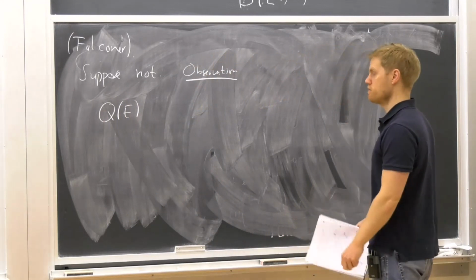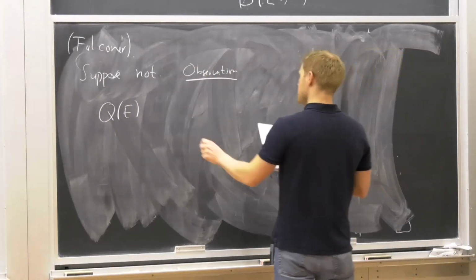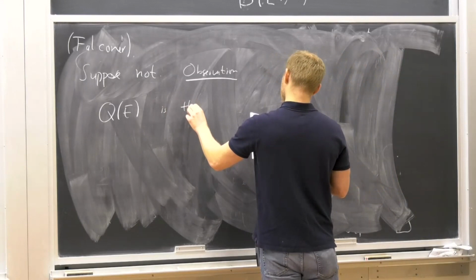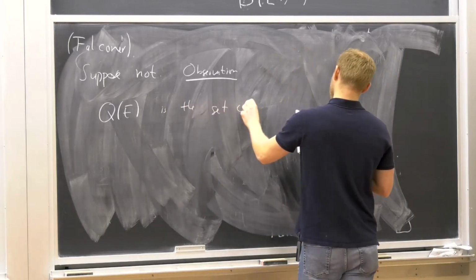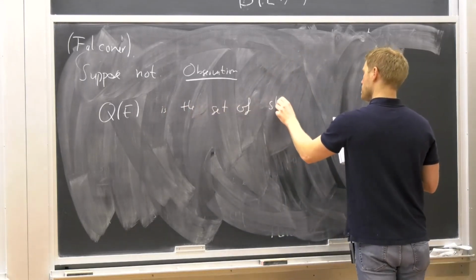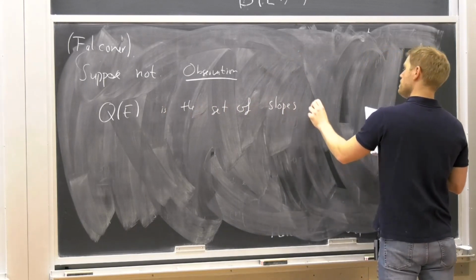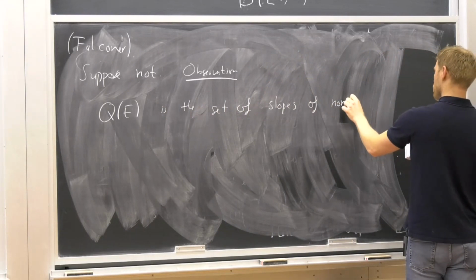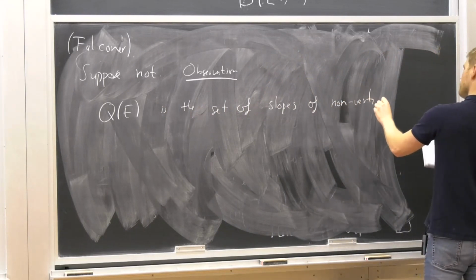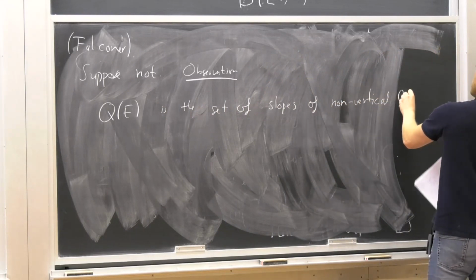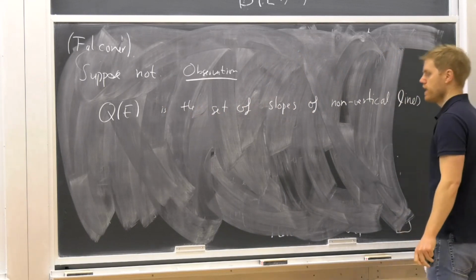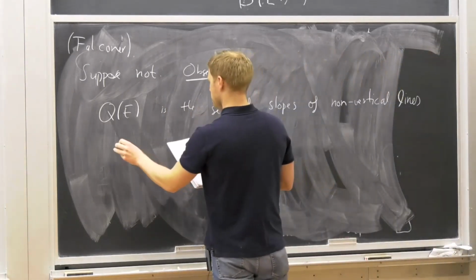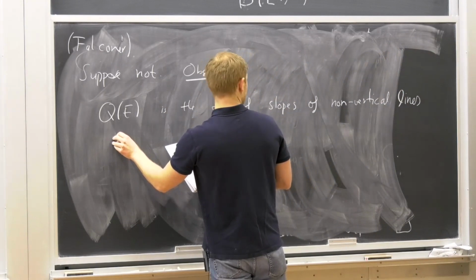What are these difference quotients geometrically? This is a set of slopes of non-vertical lines connecting points in E, because you throw away the vertical lines, where the difference is 0.